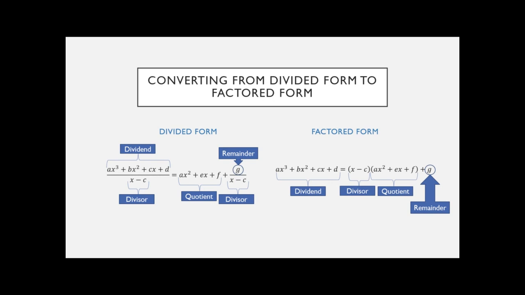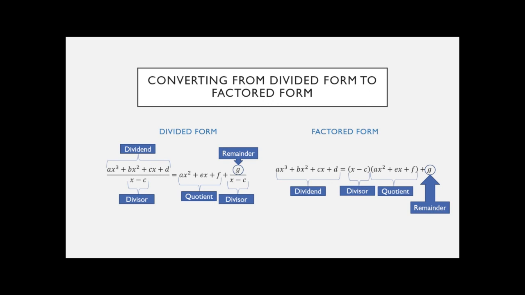One of the nice things about synthetic division is that we can use it as a way to factor. We can go into factored form based off of what we did with our divided form. So you can always write your answer in factored form if it asks for it. When you do that, the top of the fraction is whatever you're trying to factor. So our dividend, whatever the top is, is what we want to factor.